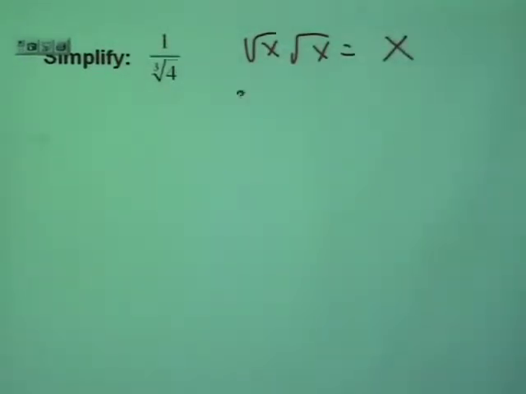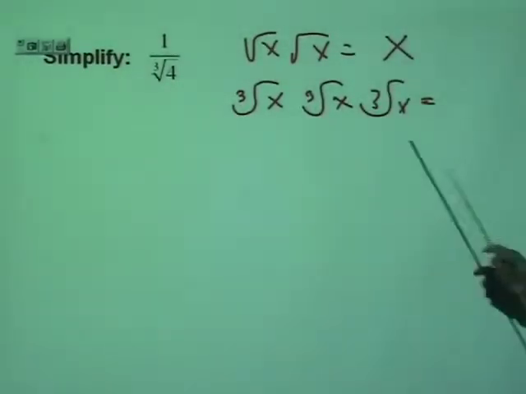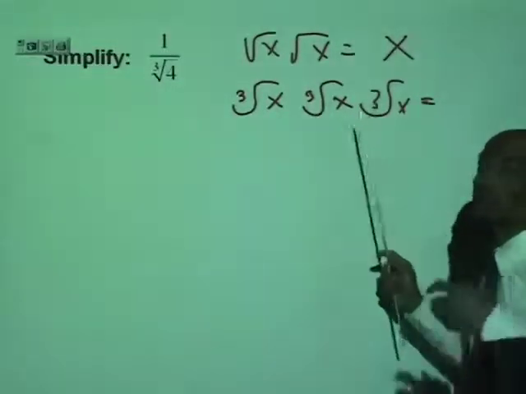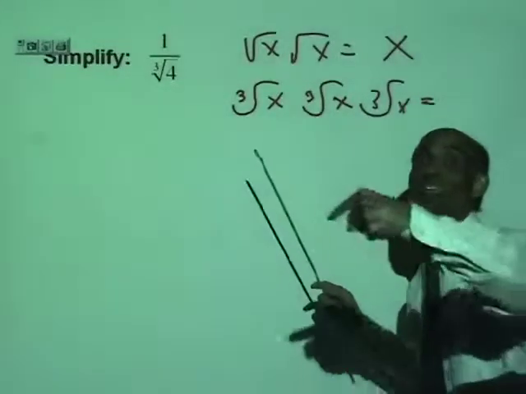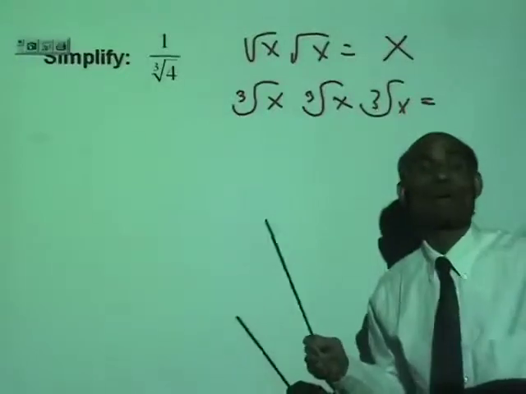Alright, suppose I have cube root of x. Now, how many times do we need to multiply cube root of x to get x? It is cube root of x times cube root of x times cube root of x. You need to multiply cube root of x by itself 3 times to remove the radical.